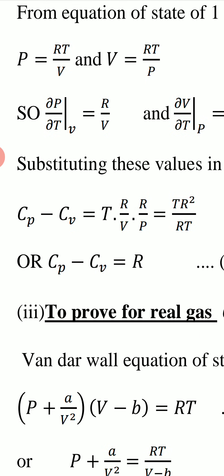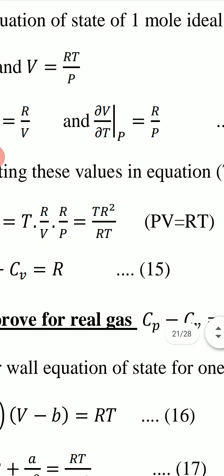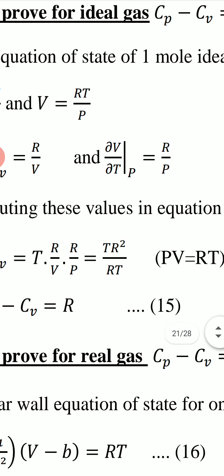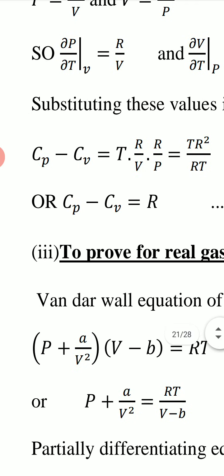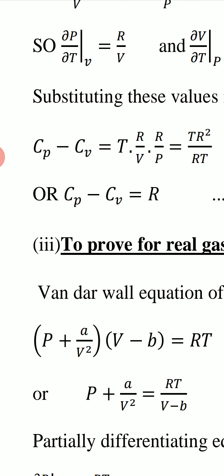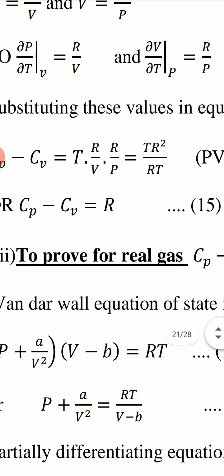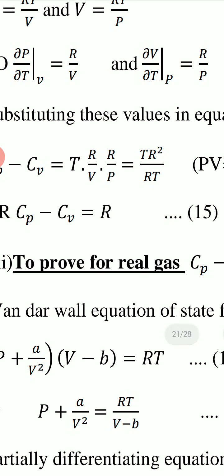So P is RT upon V, ∂P/∂T at constant V becomes equal to R upon V. R is constant, V is also taken constant, so differentiation with respect to T gives R upon V. Similarly, from V equal to RT upon P, we write ∂V/∂T at constant P equal to R upon P. Put these two values and we get Cp minus Cv equal to T R/V into R/P.